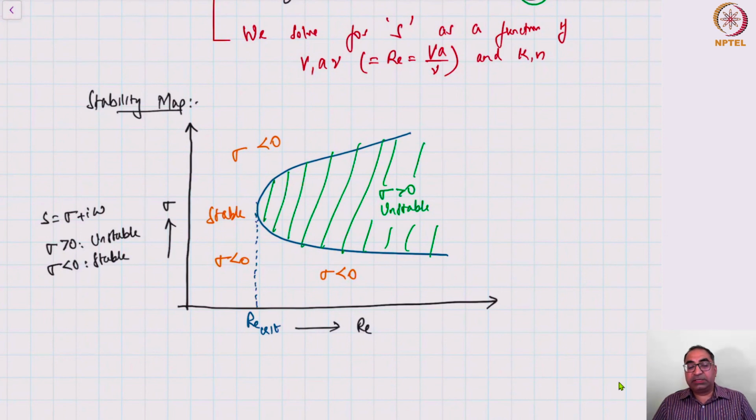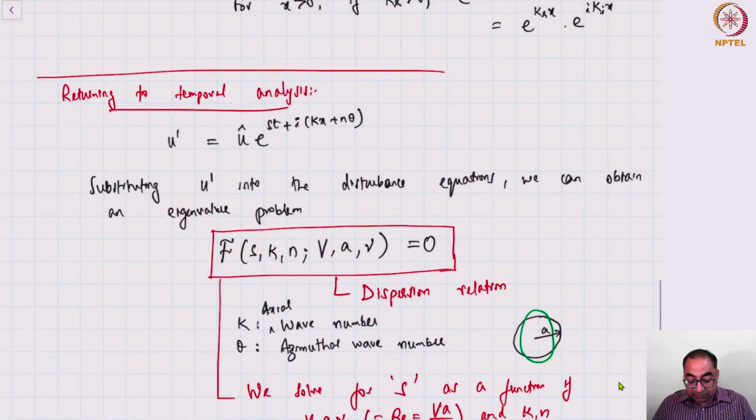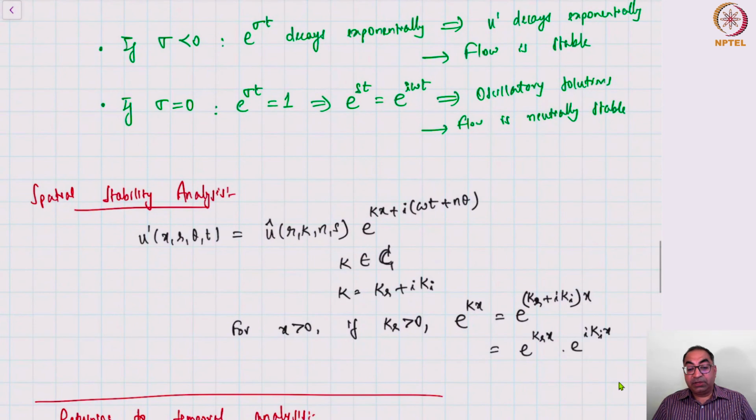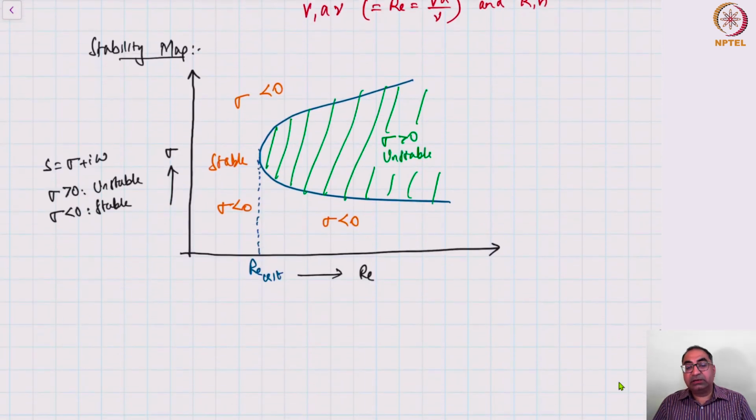There are other advanced techniques here, apart from temporal and spatial stability, such as nonlinear stability analysis, which is still an evolving field, but that will be too advanced for a course of this nature.